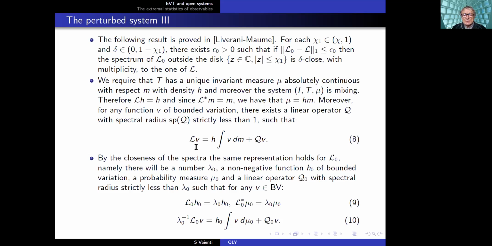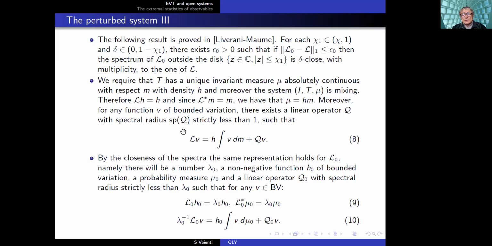Suppose you take a function v, which is in the space where the operator acts. In our case, it's the space of bounded variation. The operator acts on each function in this way. It projects the observable along the direction of h. I remind you, h is the eigenfunction of the operator, and this factor is the expectation of the observable, plus an operator Q, with a norm which goes exponentially fast to 0.